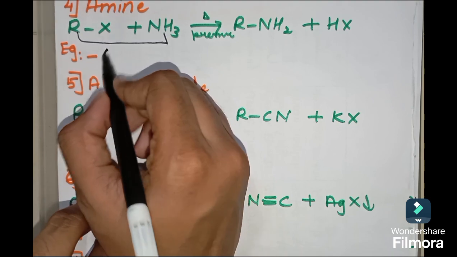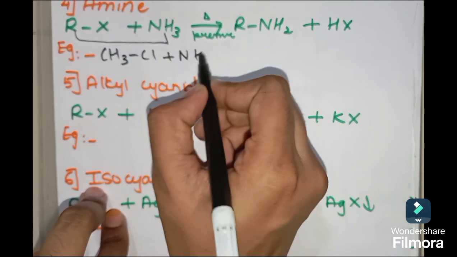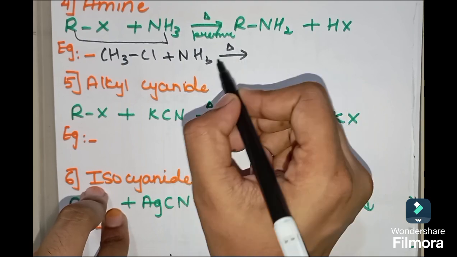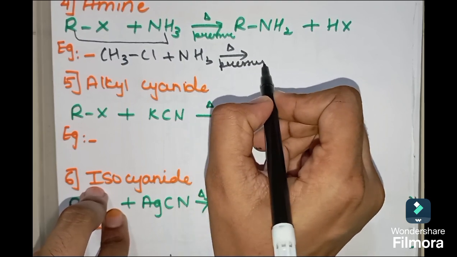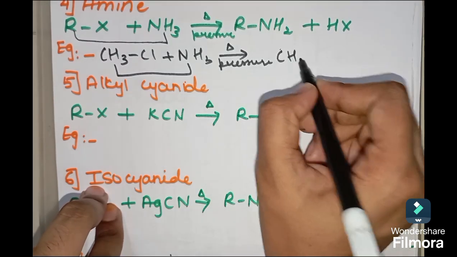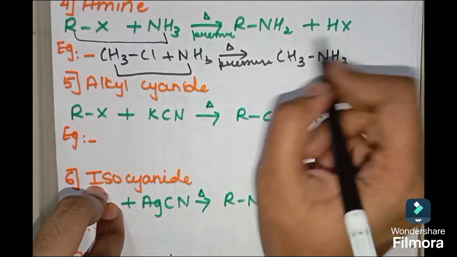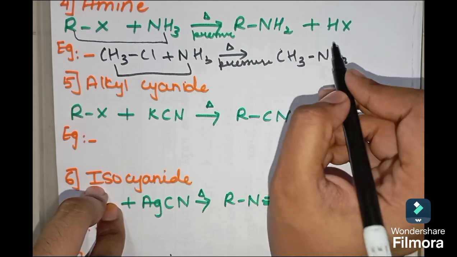So we will react methyl chloride with ammonia and heat it under some pressure. Now what is going to happen over here, this CH3 methyl group will combine with NH2, and it will form methanamine. You have to write the name of this compound because amine is there in your syllabus.